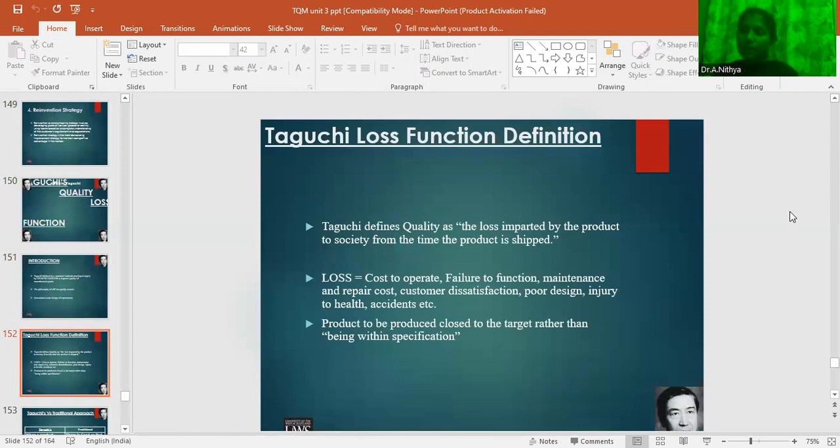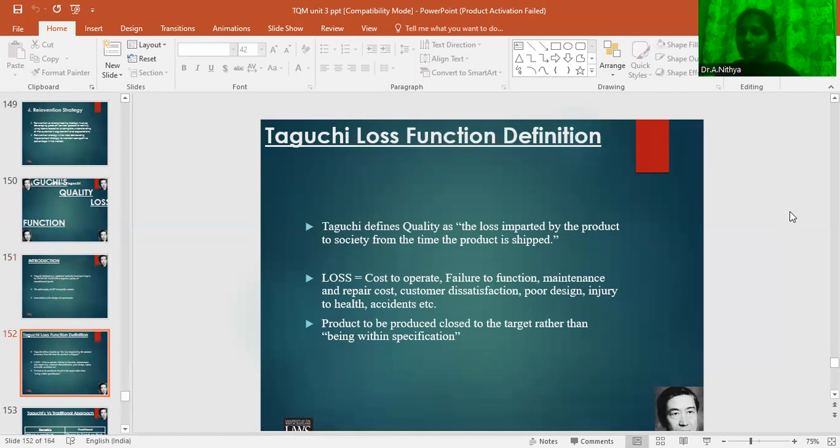So Taguchi defined quality as the loss imparted by the product to society from the time the product is shipped. So he's telling loss is equal to cost to operate, failure to function, maintenance and repair cost, customer dissatisfaction, poor design, injury to health, accidents, etc.